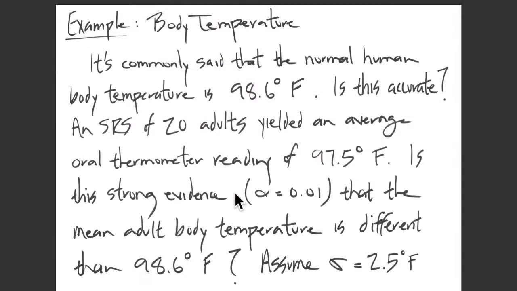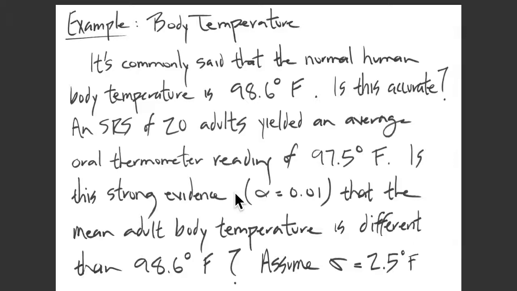The example that I have is with body temperature. It's commonly assumed that the normal mean body temperature among humans is 98.6 degrees Fahrenheit. But is that really accurate? We took an SRS of 20 adults and measured their temperature using an oral thermometer, and the average among those 20 was 97.5 degrees Fahrenheit.